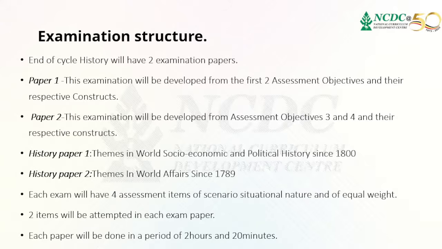Paper 2 will be developed from assessment objectives 3 and 4 and their respective constructs. History Paper 1 title reads as Themes in World Socio-Economic and Political History since 1800. That is the name for the exam for History Paper 1. History Paper 2, Themes in World Affairs since 1789.